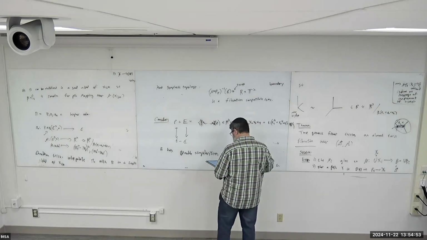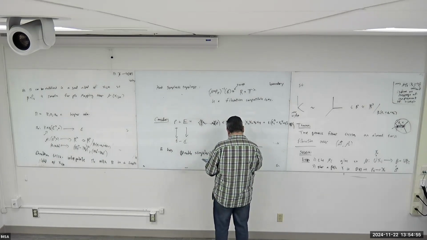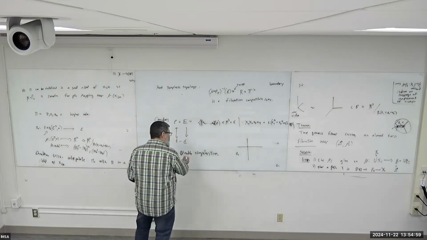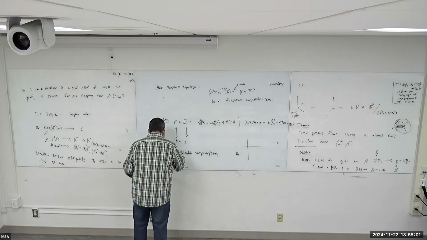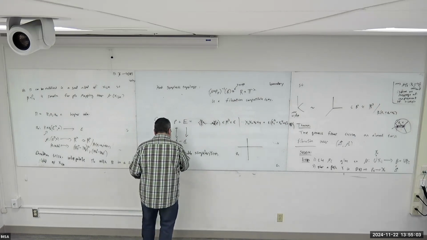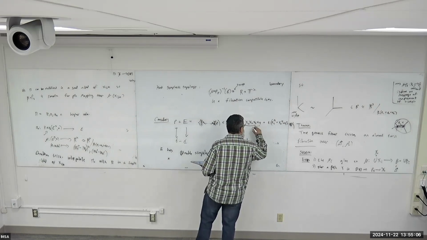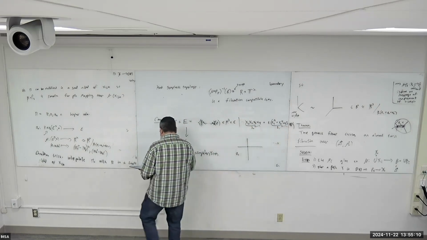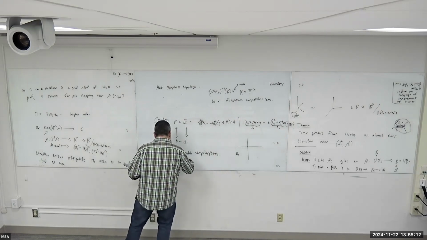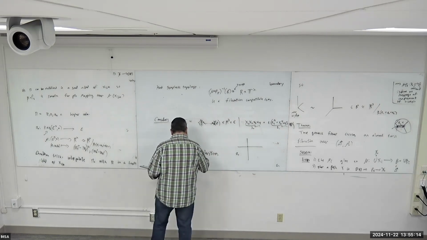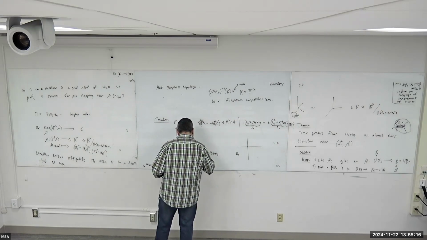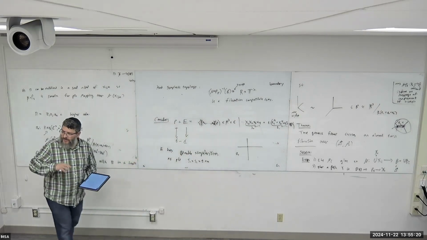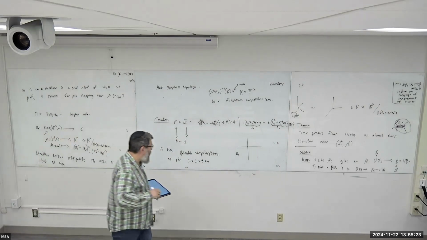Locally it looks like this. It has double point singularities at points, let's call this S0 and this S1, where S0 equals S1 equals T equals 0. So each such point is a singularity of the total space.